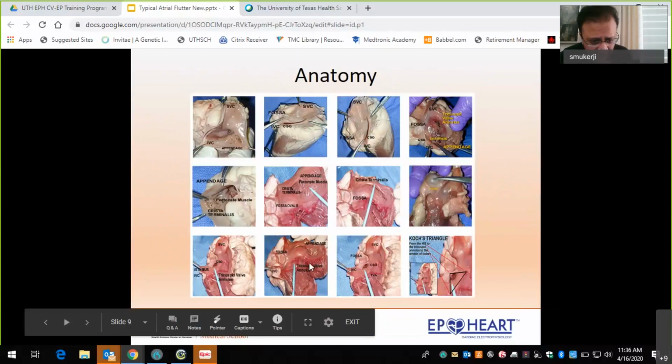So again, it's hard to imagine a three-dimensional anatomical picture looking at a one-dimensional image, but what I'm trying to circle, that is kind of the CTI, if you will.